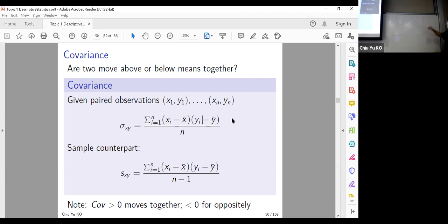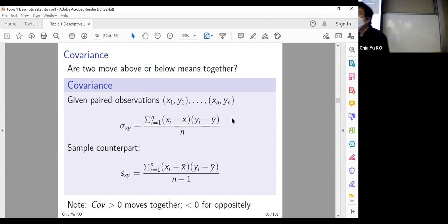You calculate the stock price return for each stock, R_i for stock i, and you have the return of the market, the Hang Seng Index. Suppose the Hang Seng Index is on the x-axis, and the other axis is the stock of whatever you like, maybe Tencent or HSBC.